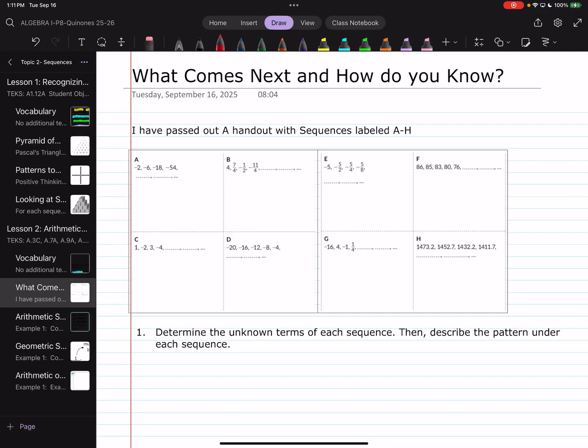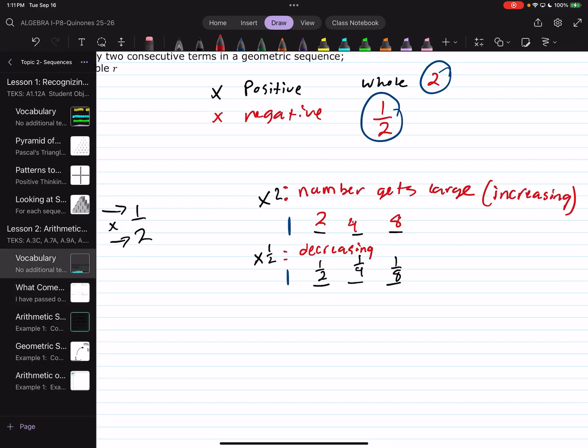Everybody, real quick, I want to clear up something. Let's go back to the vocab just for a few seconds. Everybody up here. When we're decreasing, it could be negative numbers, right? In that particular instance, just cover the negative when we're thinking about increasing, decreasing.